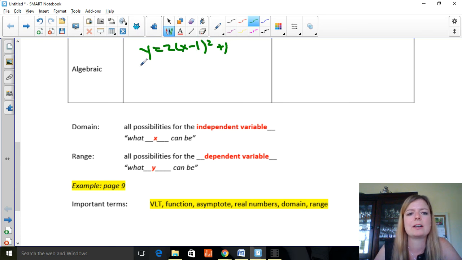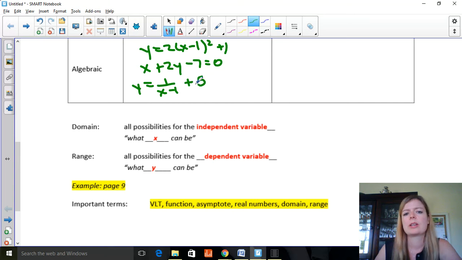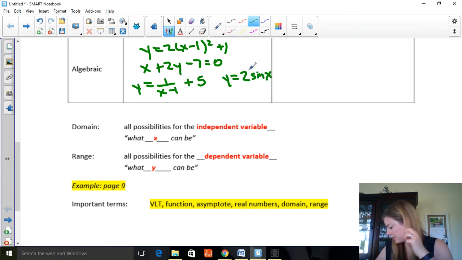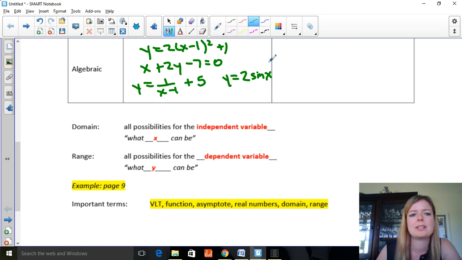Anything that's linear, so even if it's in standard form like this, that's a function. Any reciprocal guy is a function. Okay, sinusoidal functions, of course. All right, those are all functions. Isn't that just great all time?